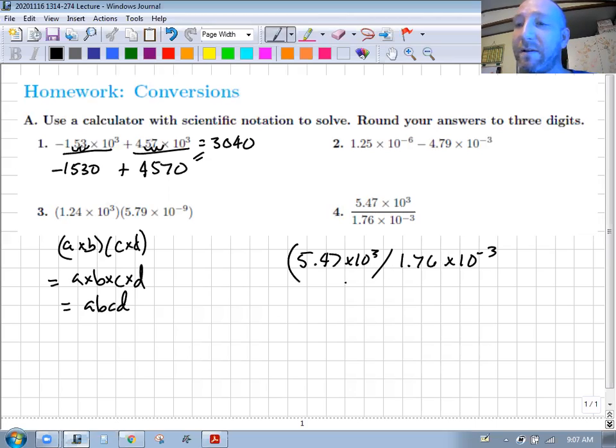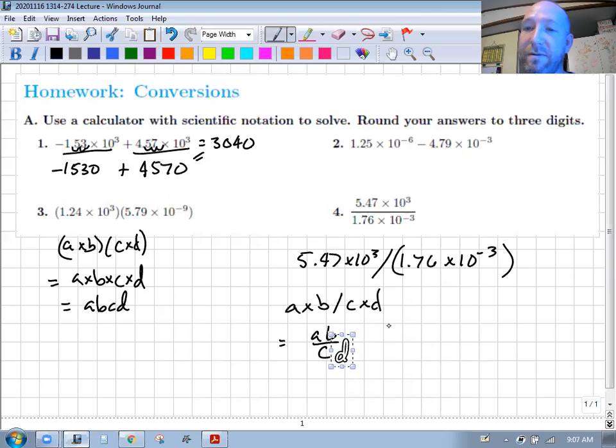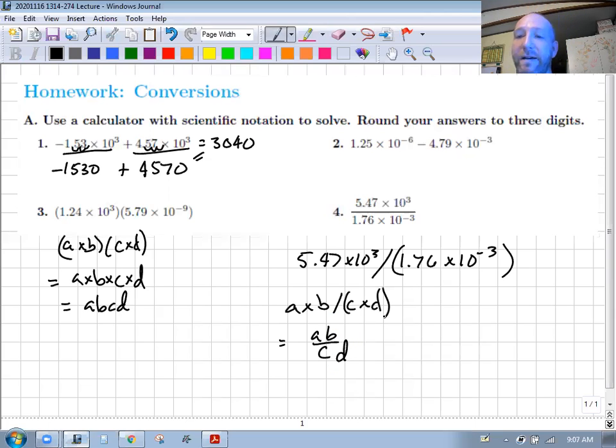We need these parentheses to get the correct answer. Because A times B divided by C times D is going to be AB over C, and then the times D puts the D on the top, but we need it down here. So to get that down here, we'd have to do that.